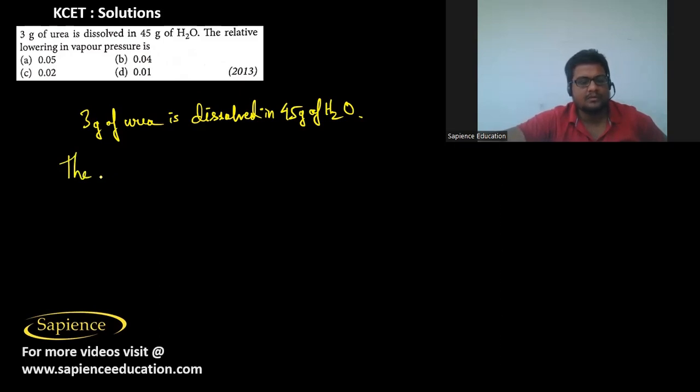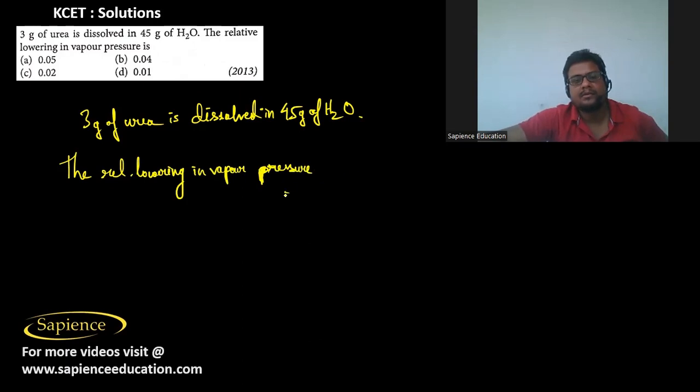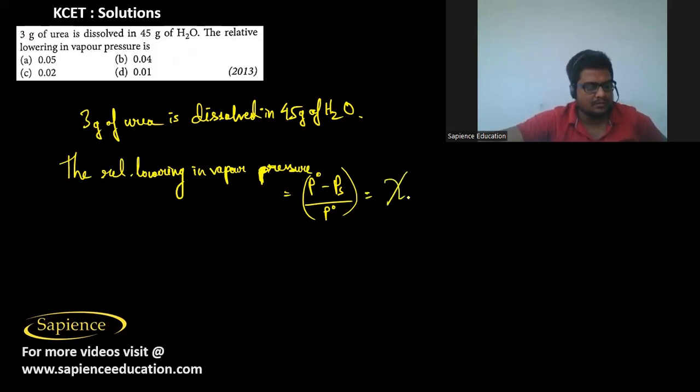So according to Raoult's law, the relative lowering in vapor pressure is equal to (P naught minus PS) by P naught, where P naught is the vapor pressure of the pure solvent and PS is the vapor pressure of the solution, and that is given as the mole fraction of the solute.